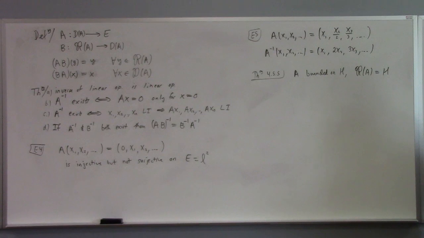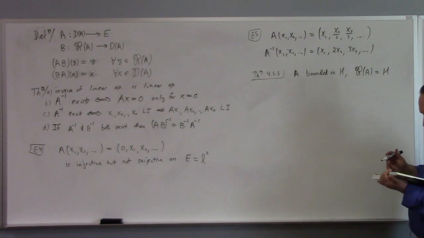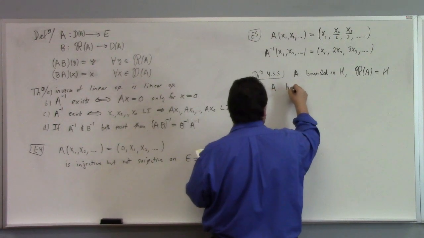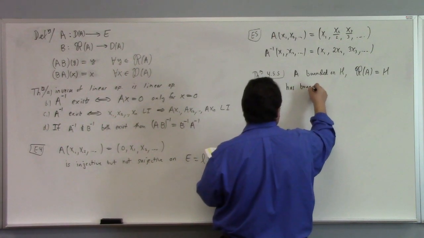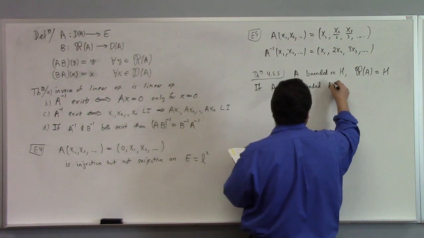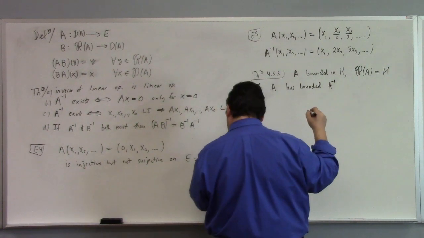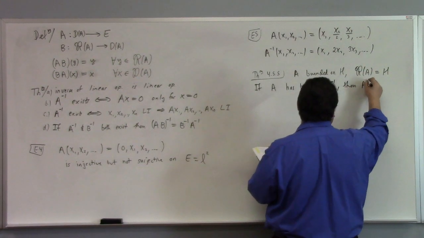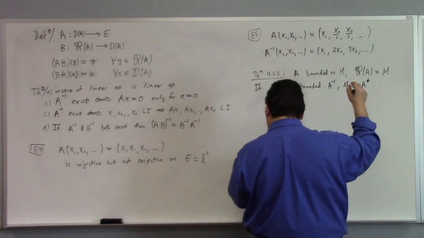Then if A has a bounded inverse, as we've seen, that doesn't have to be the case. If it has a bounded inverse, then the adjoint of A is invertible.